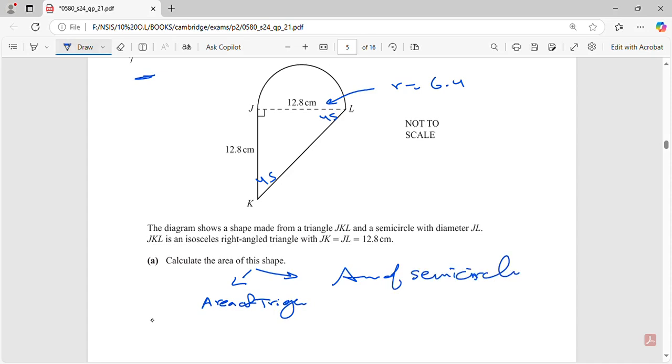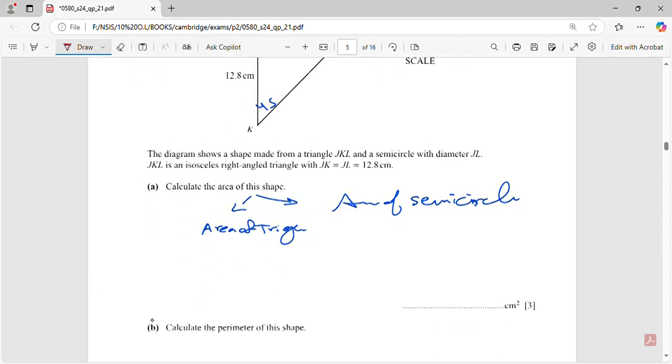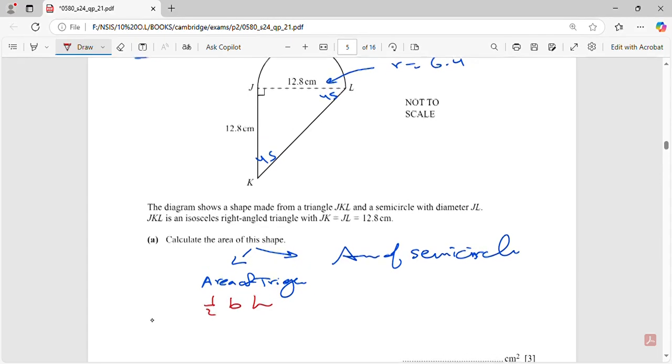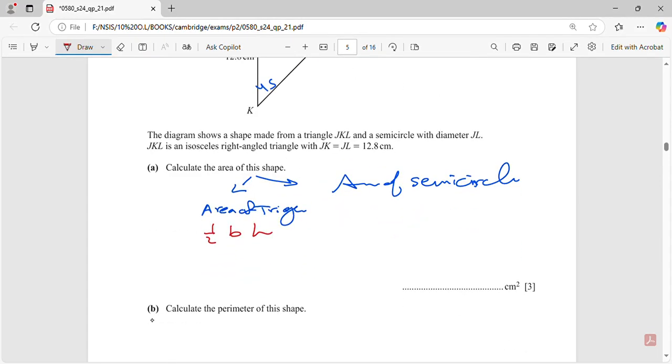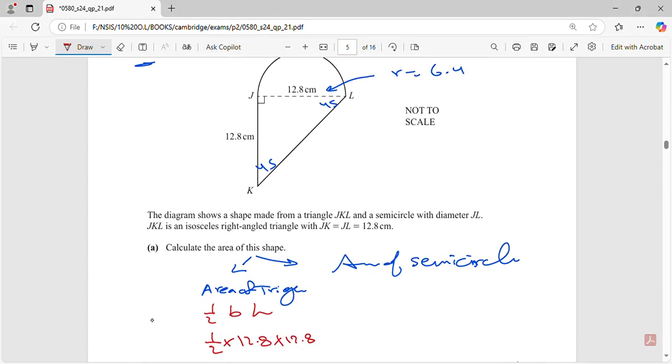To figure out the area of the triangle, we know it is half base times perpendicular height. As long as the base and the perpendicular height are the same, it would be half multiplied by 12.8 multiplied by 12.8. Now the area of the semicircle would be pi r squared divided by 2.